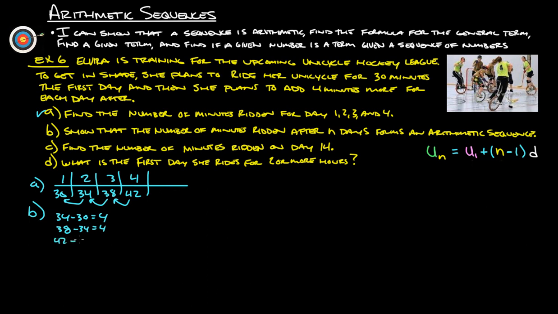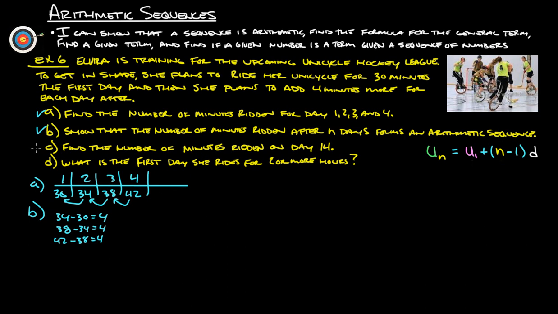And 42 minus 38 also gives us 4. So we've shown that the number of minutes ridden after n days forms an arithmetic sequence. It's the same number each time, so this has to be an arithmetic sequence. You're adding the same value each time.